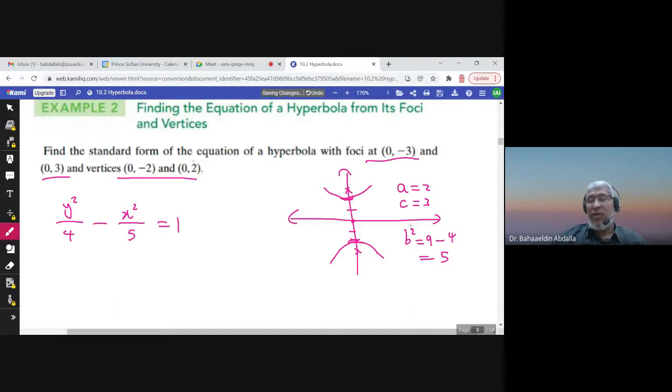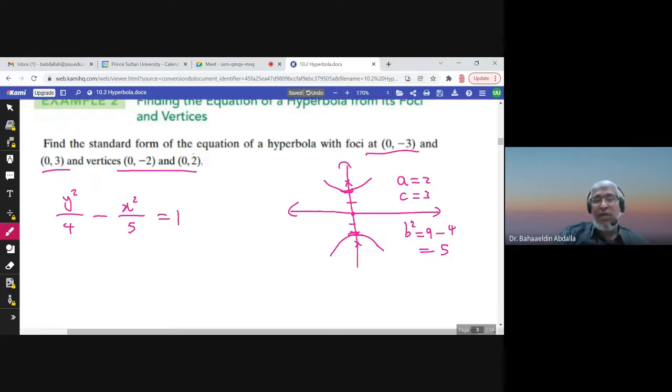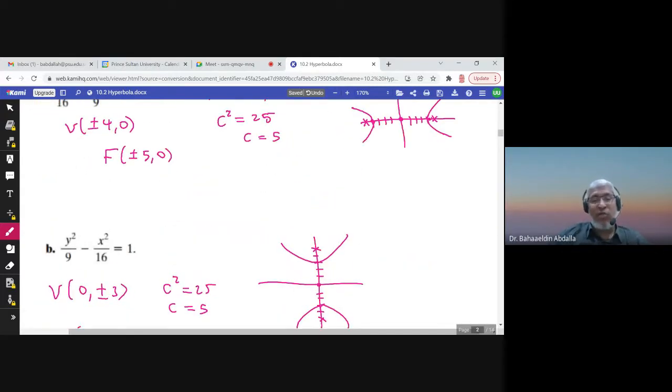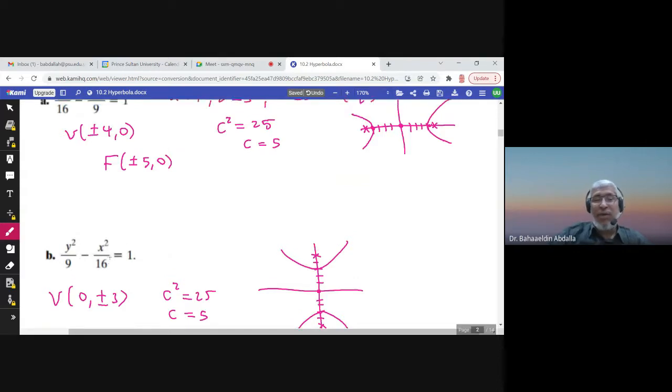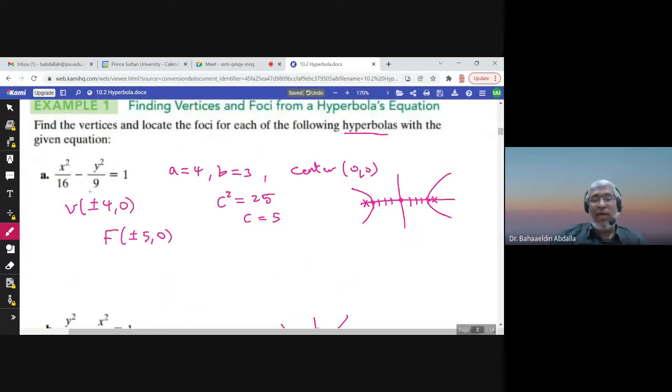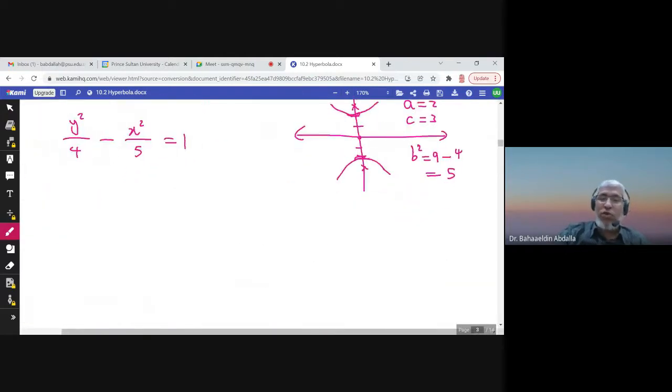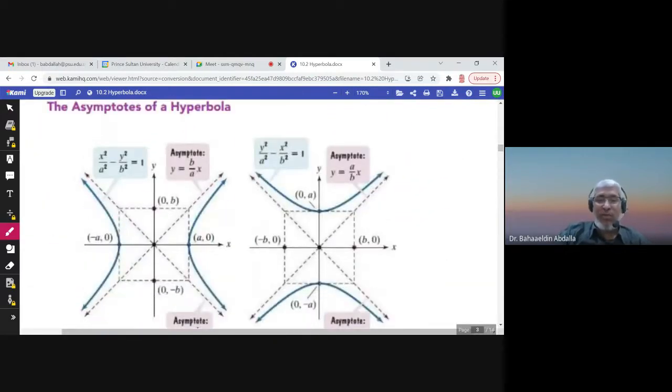Notice here, b square is greater than a square. That's no problem with the hyperbola. It happens, okay? There is no specific relation between a and b. Here a is less than b, while here a is greater than b. We could have a equals b, there is no problem.